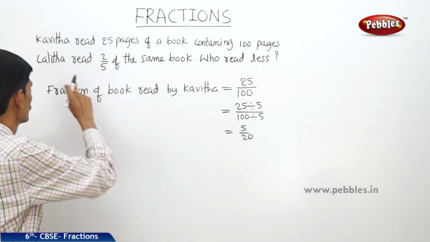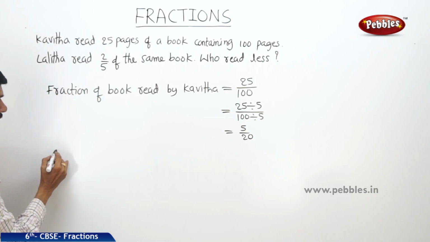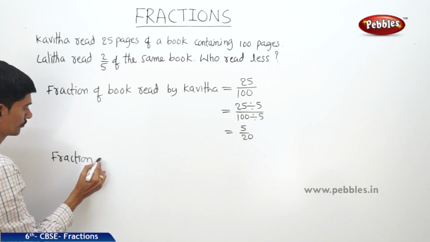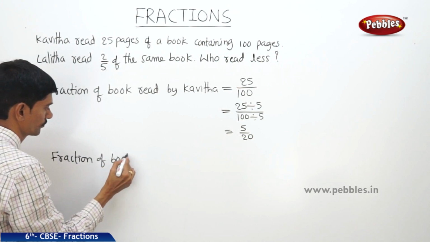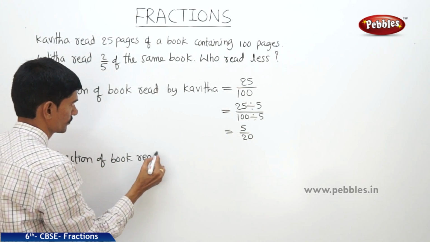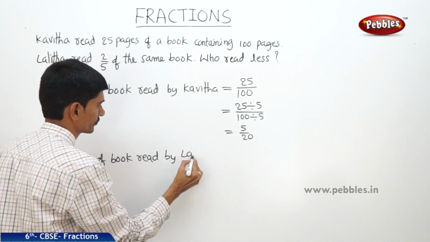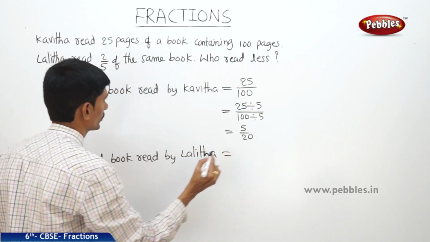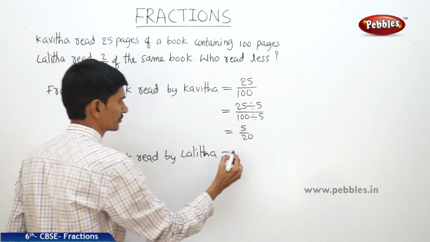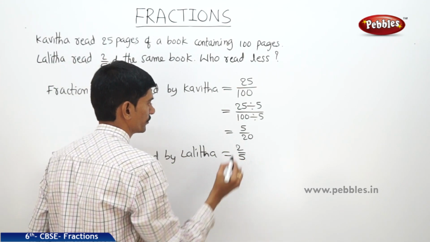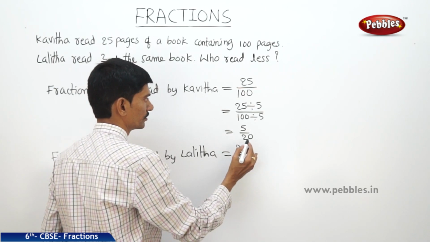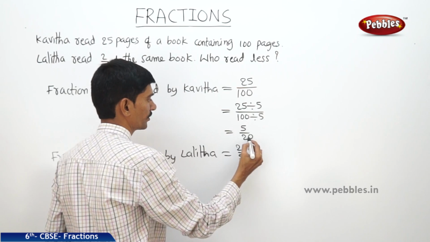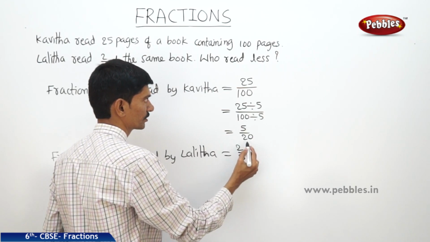Now the fraction of the book read by Lalita equals 2 by 5. When you compare the denominators, they are not equal.